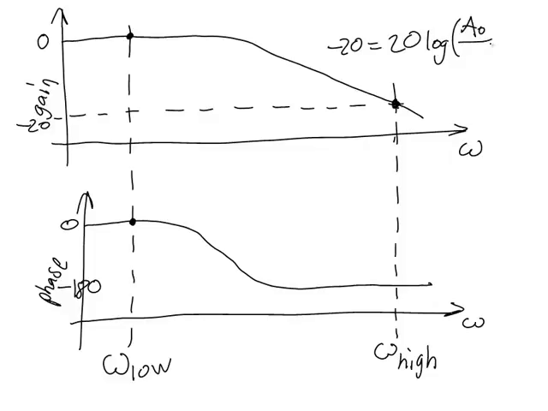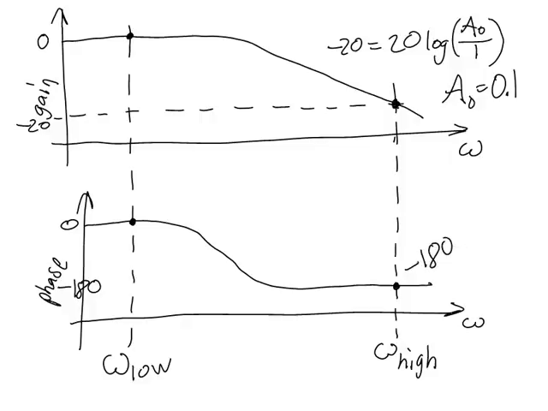Let's suppose that I know that the amplitude of the input here is 1. I can now solve for AO, the amplitude of the output. I find that the amplitude of the output is equal to 0.1. Now I'll go and get the phase. The phase here is negative 180.